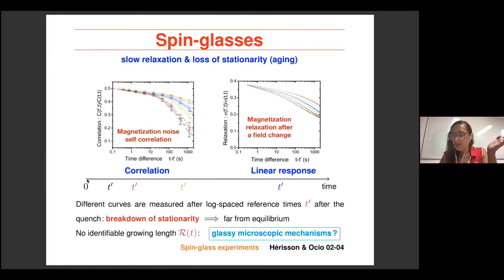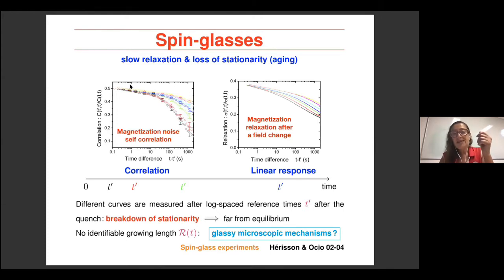So you let time evolve at different waiting times, which I'm calling t prime here, because in the plots they are called t prime. At different t primes, ordered in this way, you get these different curves ordered, from bottom to top, following the colors in this time axis here.